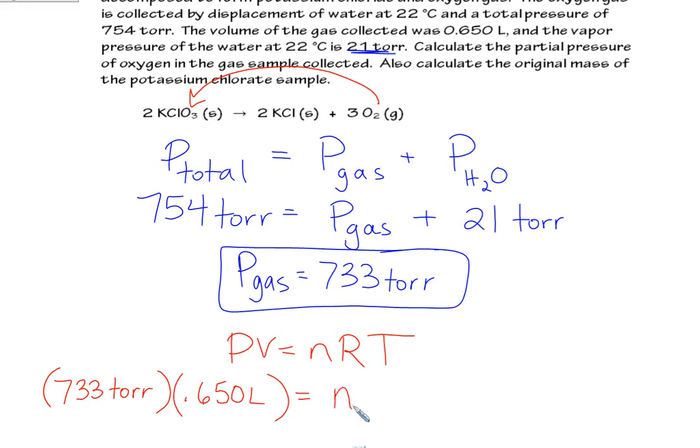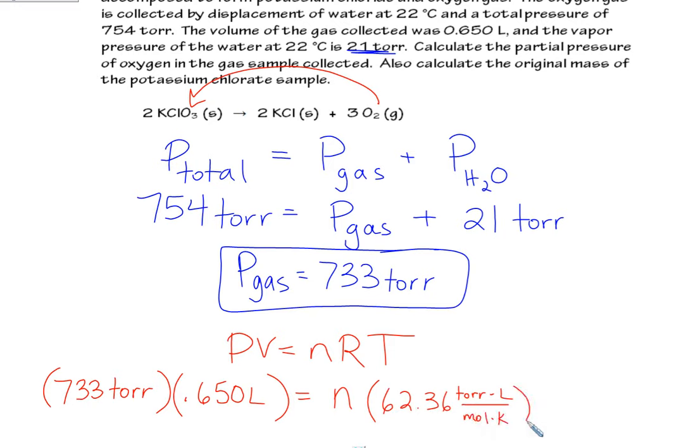Since my original pressure is in torr, I'm going to use the R value in torr. This would be something that you can look up in the AP package. You do not need to memorize it, but do use the amount of figures given. So we're going to go 62.36, and the unit is torr liter per mole Kelvin.